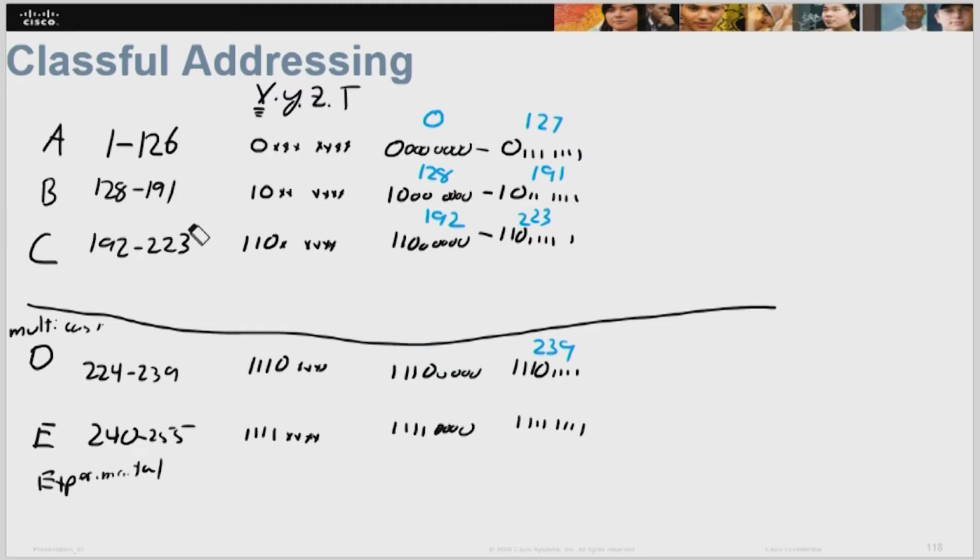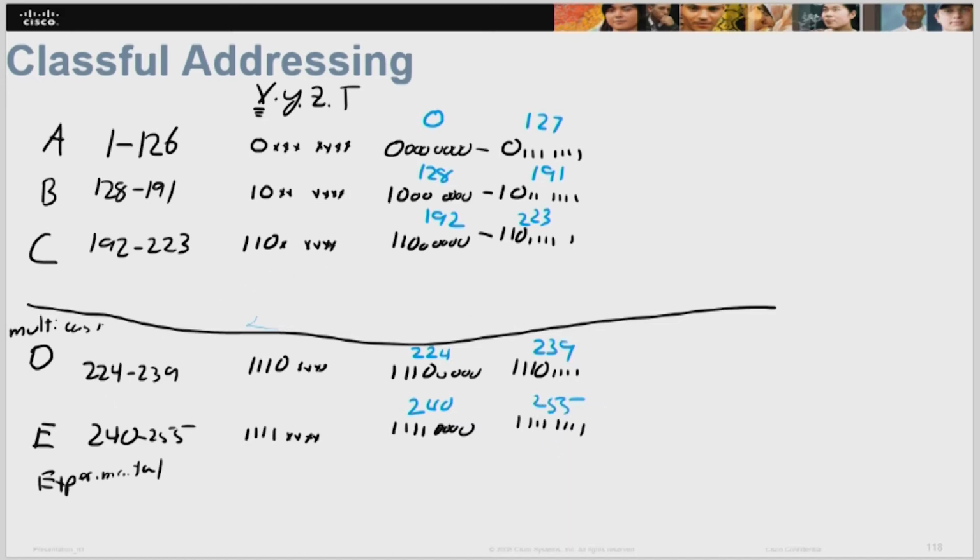It's 224. Something happened with my pen. Sorry about that. We're good now. So this was 224. Note the change because it's 128 plus 64 plus 32, which is 224, and that would be 239, and this one is 240 through 255.